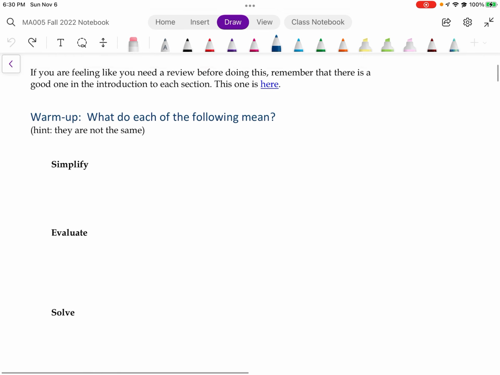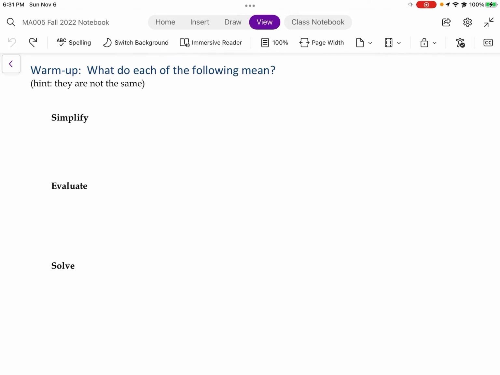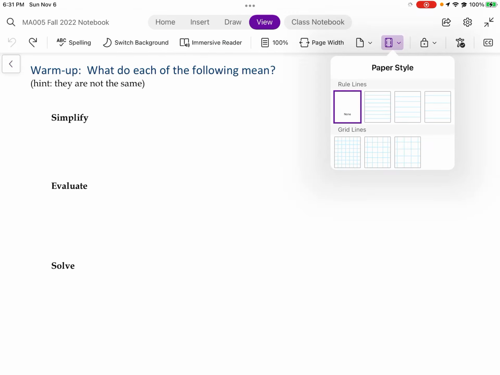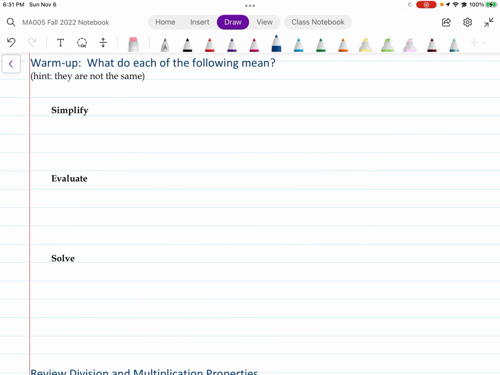All right, so take a moment to see if you can figure out what simplify, evaluate, and solve mean in your own words. So pause the video and give it a try. Okay, so let's talk about simplify. Simplify means things like with fractions, it means to reduce fractions.